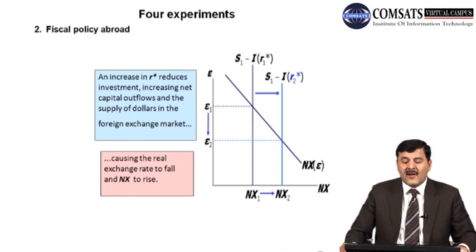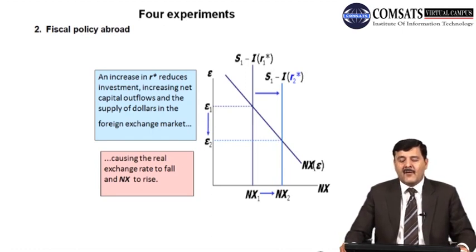So an increase in the interest rate, what will happen to investment? Investment कम हो जाती है. Investment कम होती है तो savings बढ़ जाती हैं, तो net capital outflow बढ़ जाता है, and the supply of dollars in the foreign exchange market goes up, right.